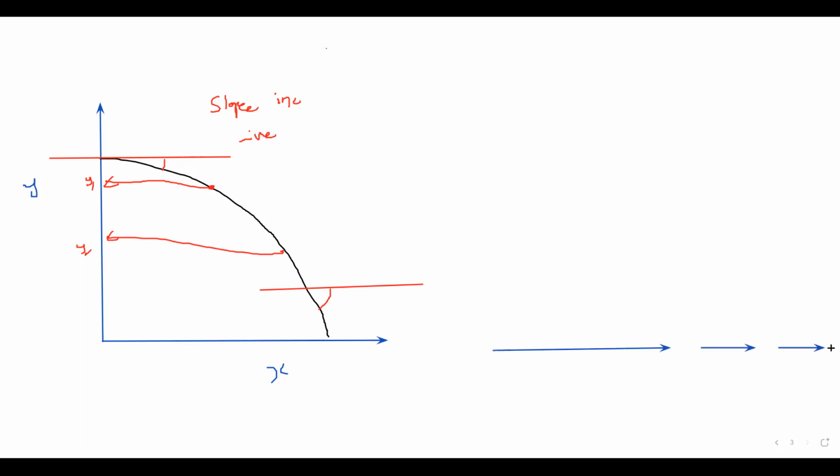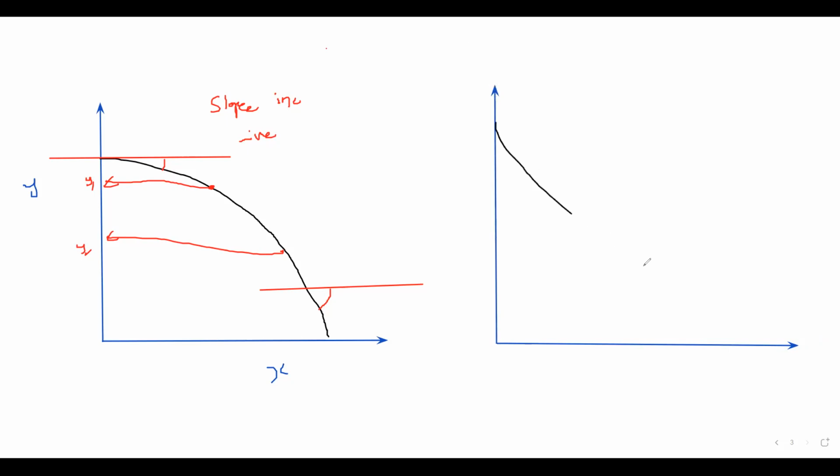And as another graph, what is happening to the slope? Slope means angle with the x-axis.